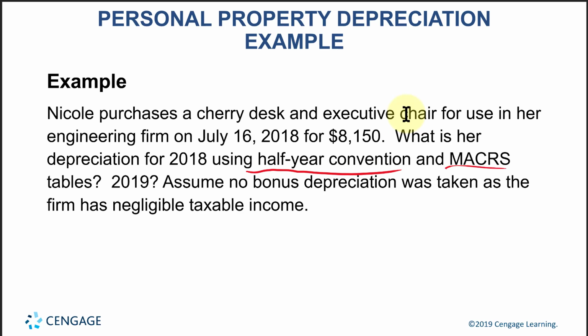That's the MACRS table. We're told to assume that there's no bonus and no 179 that we haven't talked about yet in our lecture. So we just take this amount and you multiply it by the rate. What was it, 14%?